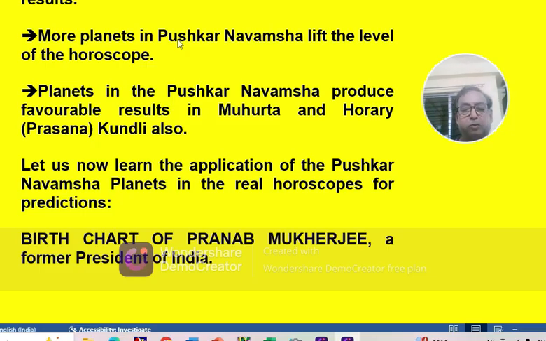Planets in the Pushkar Navamsha produce favorable results in Muhurta and Horari. Horari means Prashna Kundli also.